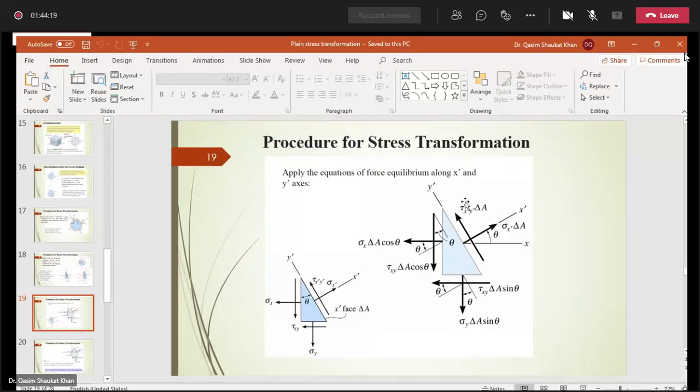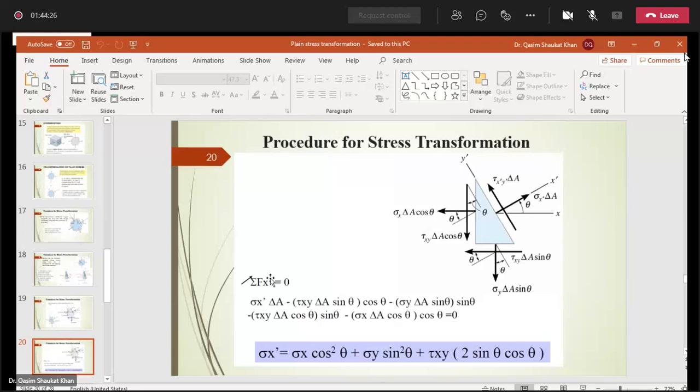I just need to write these two forces as well, and then we will find the summation of the forces about x dash axis. So let's go back to our whiteboard.